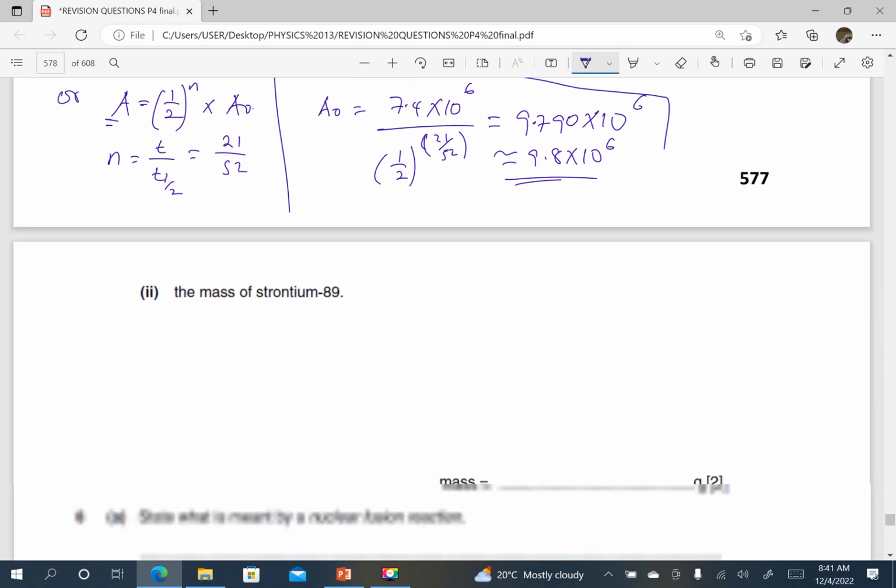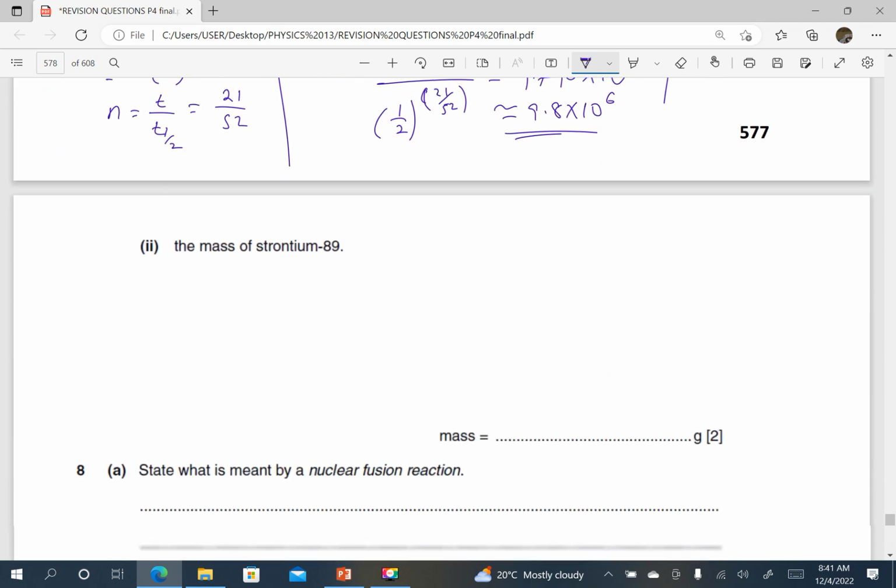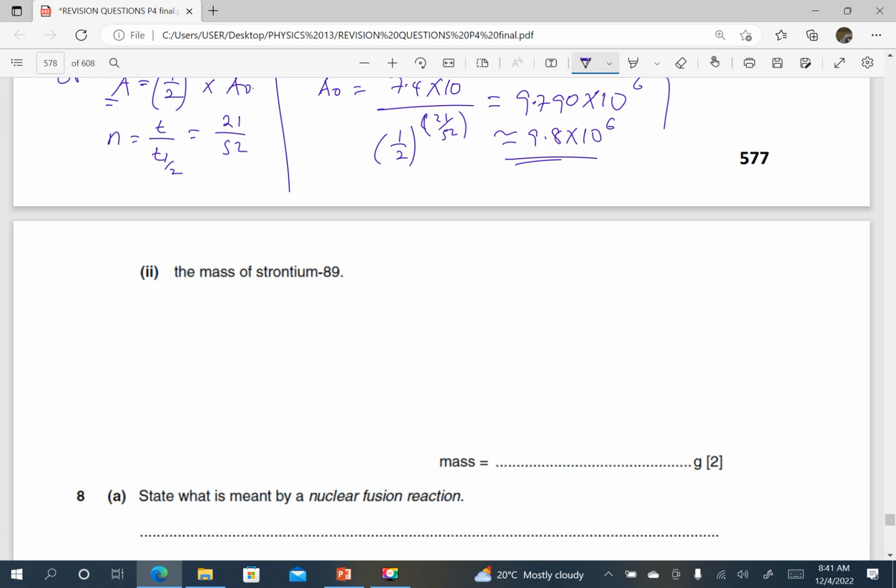Then we want the mass of strontium 89. So remember, we know that mass over molar mass is equal to the number of nuclei present over Avogadro's number. We just don't have n. So we can find n from activity is equal to lambda times n.